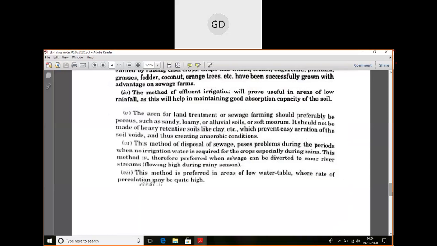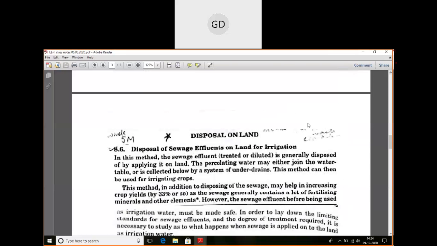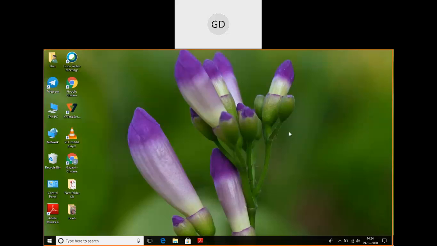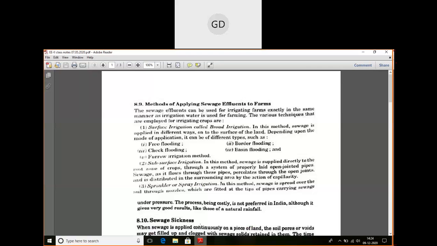Next are the methods of applying sewage effluents to farms.